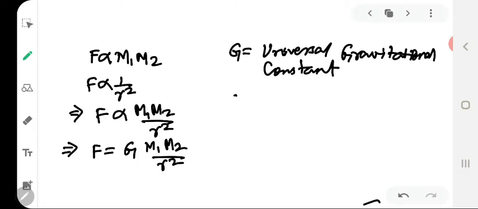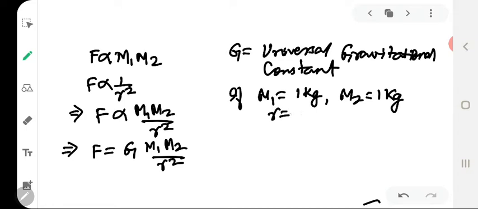Now suppose m1 is equal to 1 kg, m2 is also equal to 1 kg, and the distance between the centers of these two masses is 1 meter.